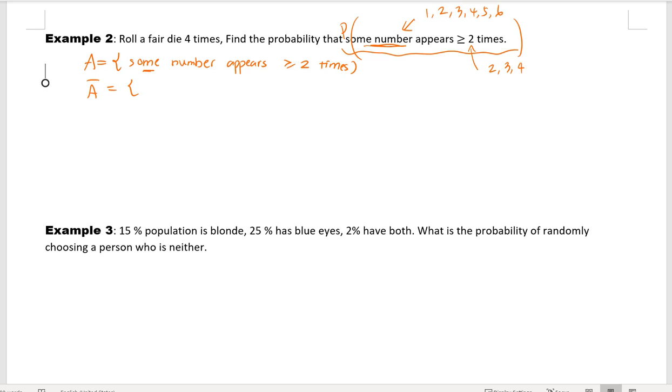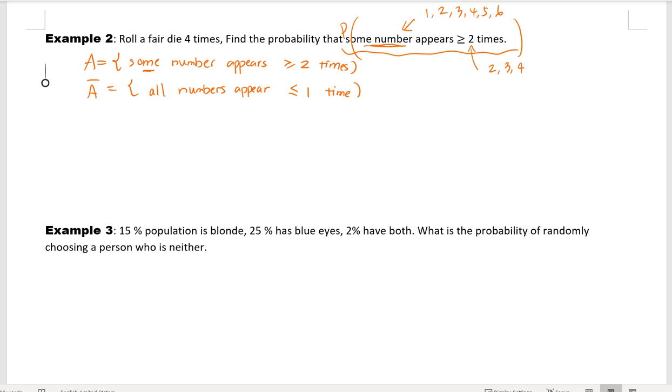Well, the complement of some number appearing is all numbers appearing, and the negation of greater or equal to 2 is less than 2. Less than 2 means less than or equal to 1 time. So all numbers appear at most 1 time. So this is much easier to compute.